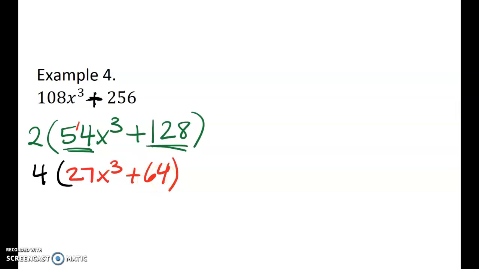Well, I can rewrite 27, remember my list of cubes I made at the beginning? 27 is 3 cubed. And why did I put an x in there? Because it's 27x cubed. So it's 3x all cubed. That makes that. And 64 is 4 cubed.